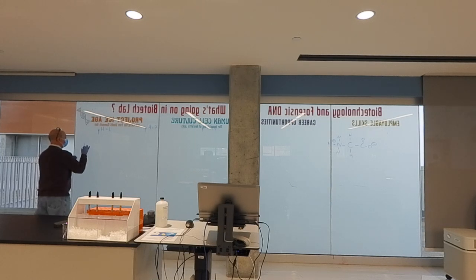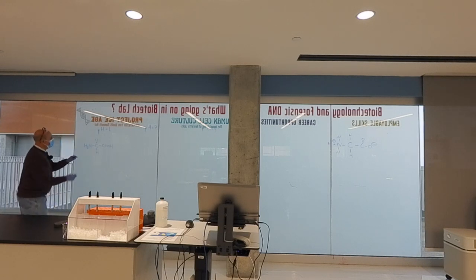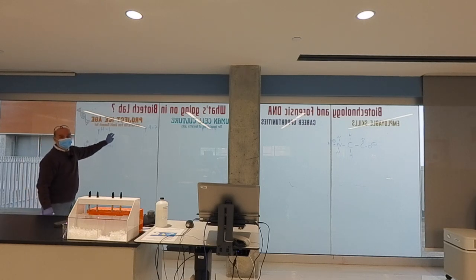It has that structure, with this being a positively charged group. So the amine group is protonated, the carboxyl group is protonated, because there's plenty of protons around. Very acidic environment.